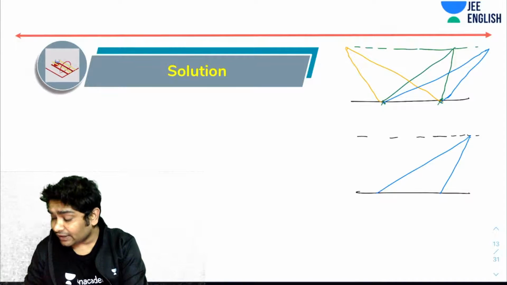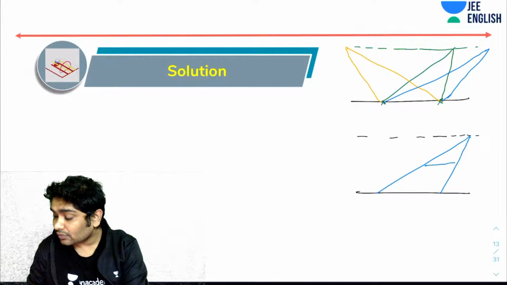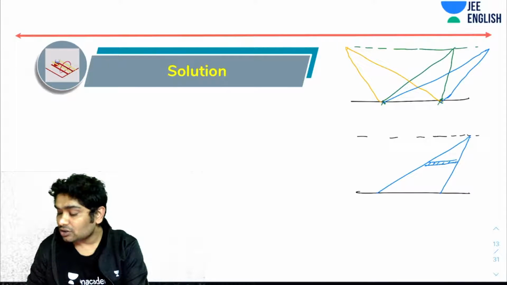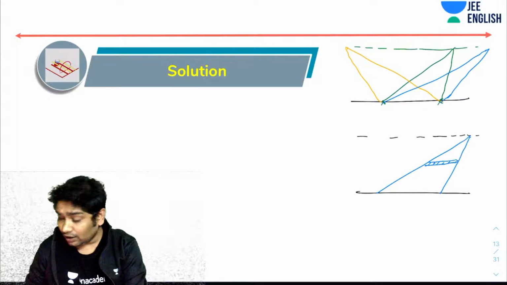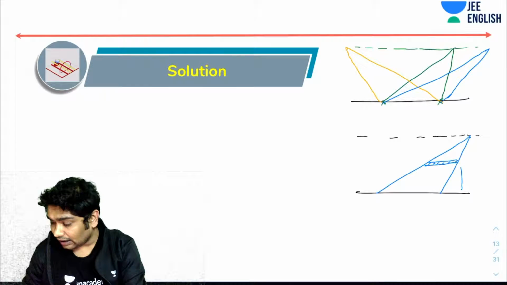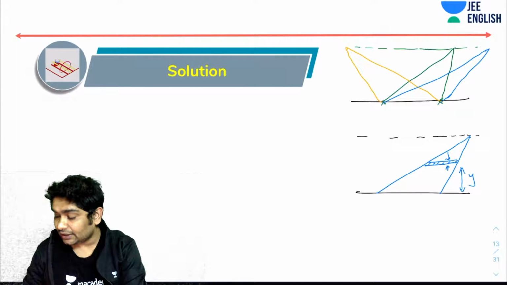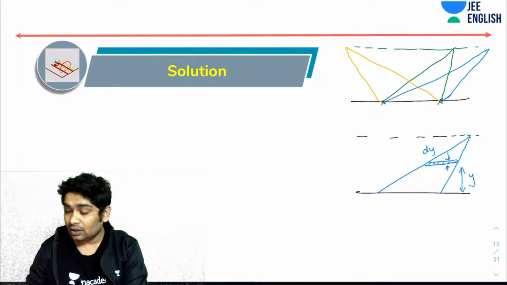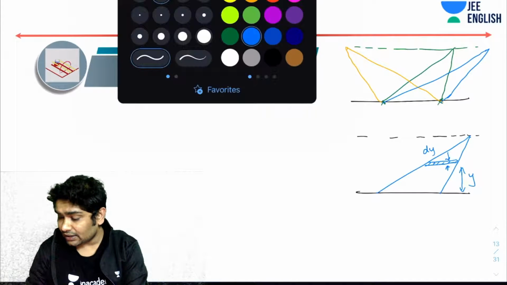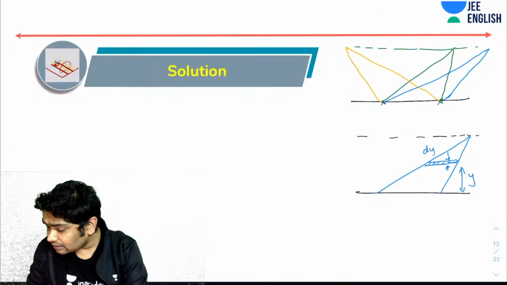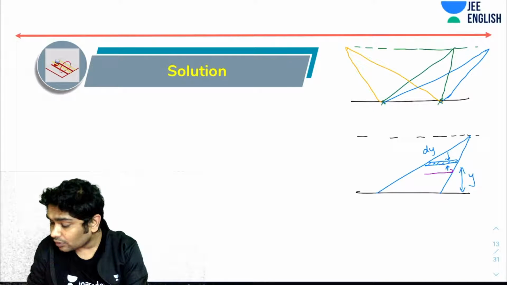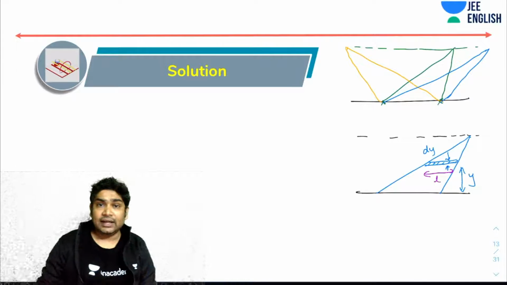We can divide this triangle into a lot of rods, like this. Let's consider this one rod, which is at a height of y above the base and has a thickness of dy. Let's also imagine that this small rod has some length L.